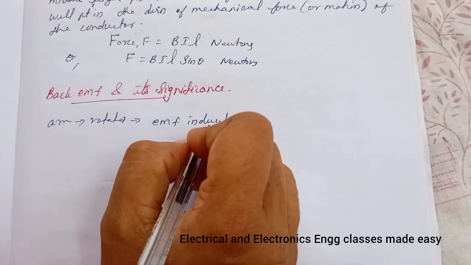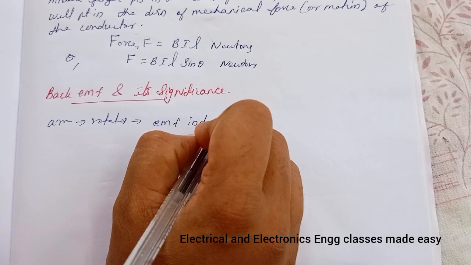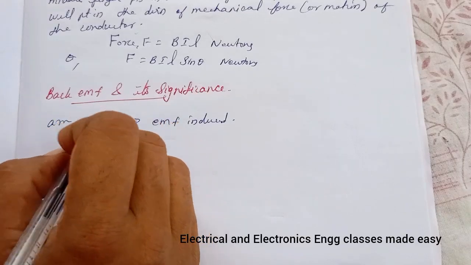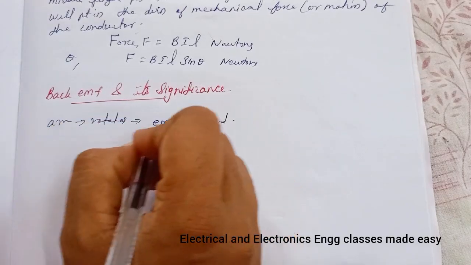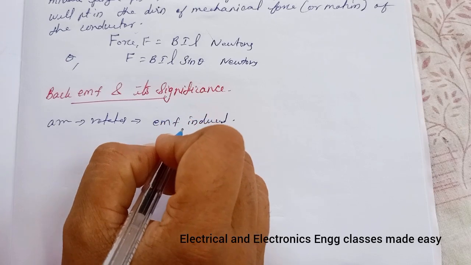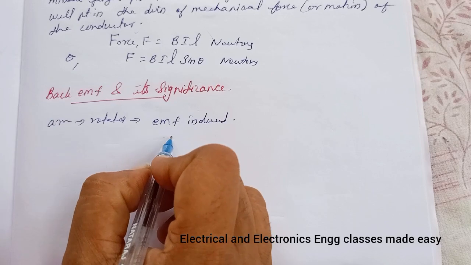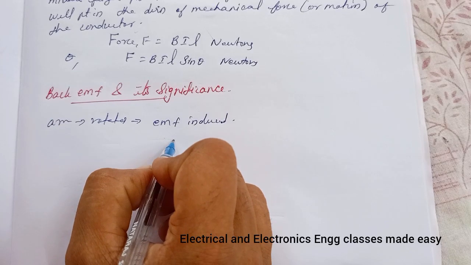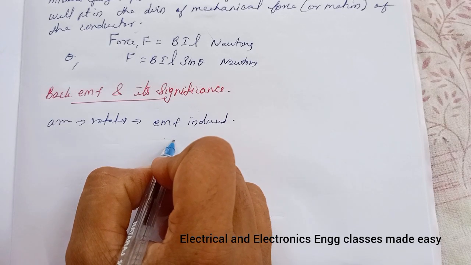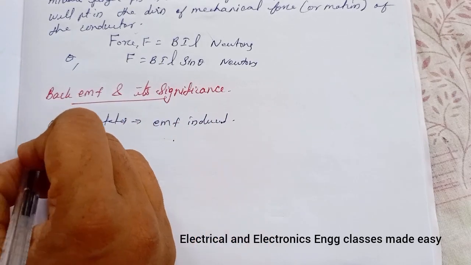And this induced EMF acts in opposite direction to the applied voltage V, because according to Lenz's law, the direction of the induced EMF is such that it opposes the cause of producing it. So here the cause is the applied voltage.